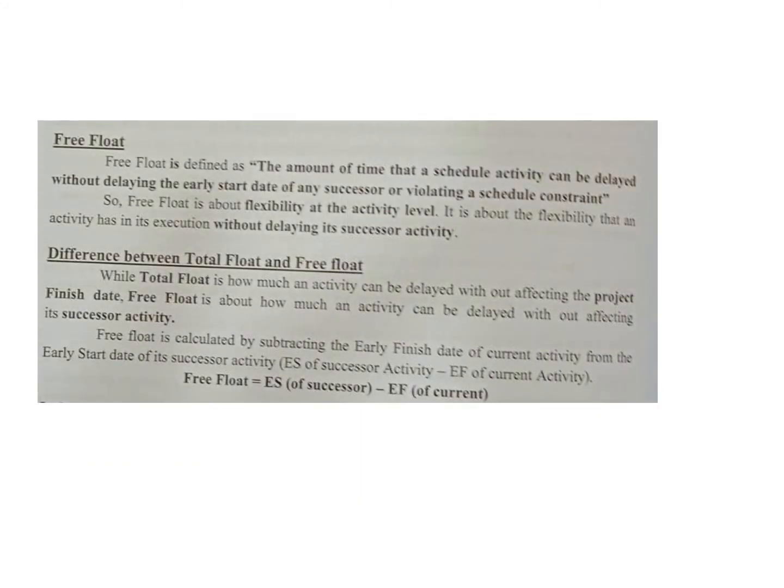Free float is the same as the total float, but instead of the slack available without affecting the total project, it is the slack available without affecting the next step.